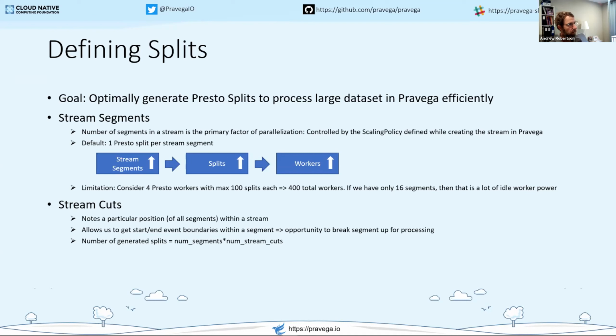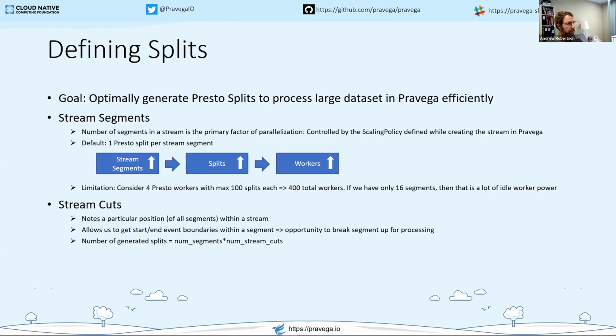As many of you know, this is controlled by the scaling policy. So if you have 100 segments, that results in 100 splits, and if there's only one segment, you only have one split, which is maybe not ideal.